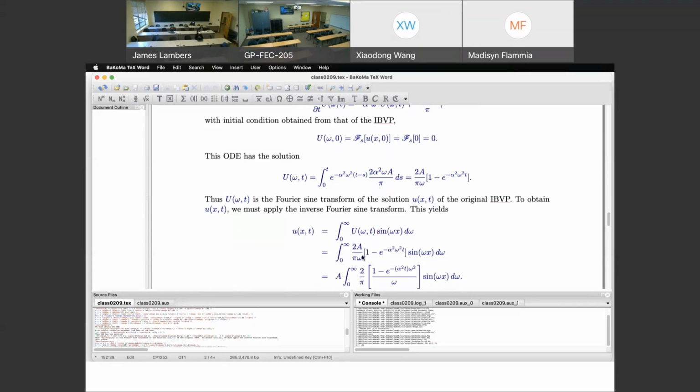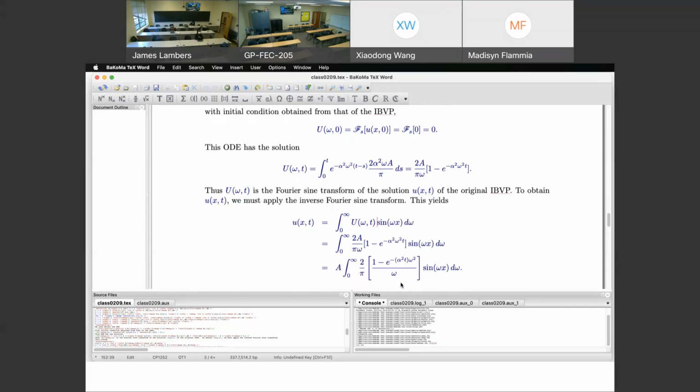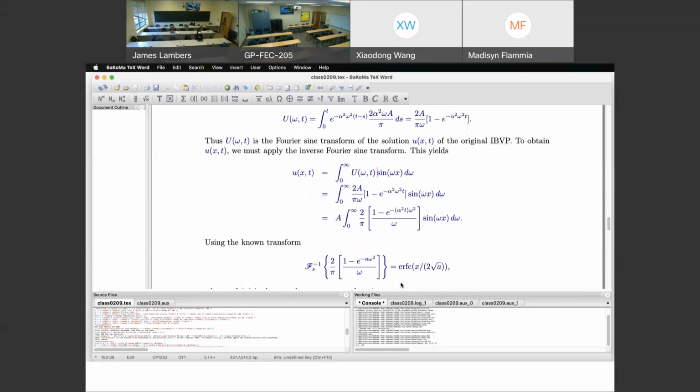And then I'm going to rewrite this slightly. A is a constant, so I'll just pull that out. And then I have omega here. I'm just going to move that under here. The reason for that is I've now made this fit the formula for a known inverse transform: this expression, where you have e to the minus a omega squared for some constant a.